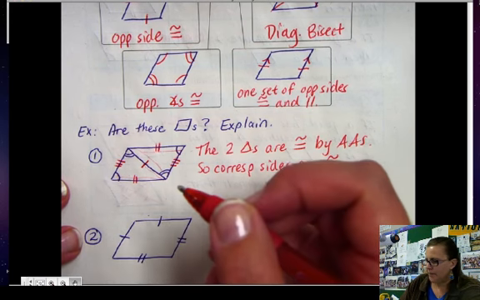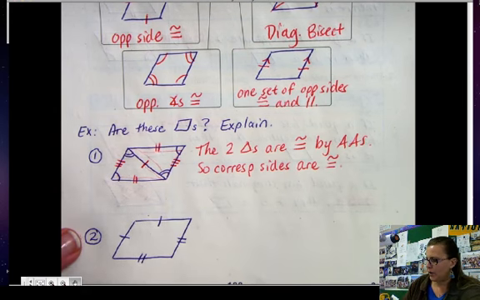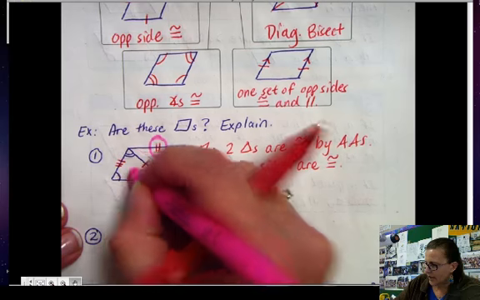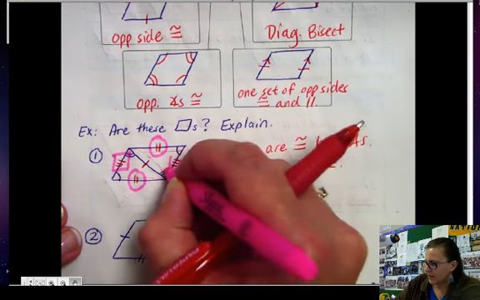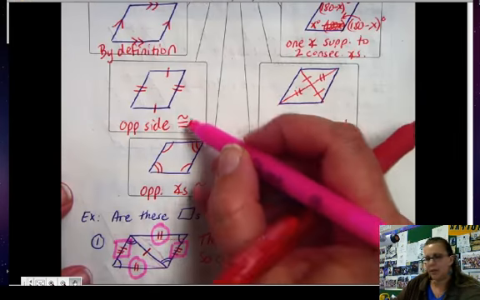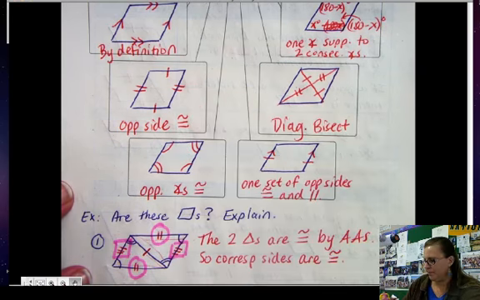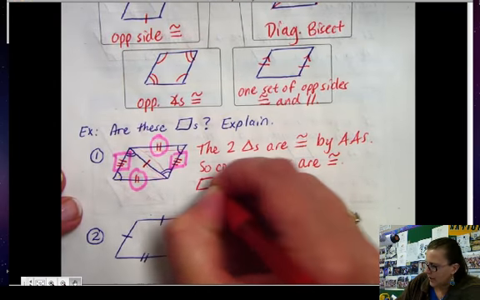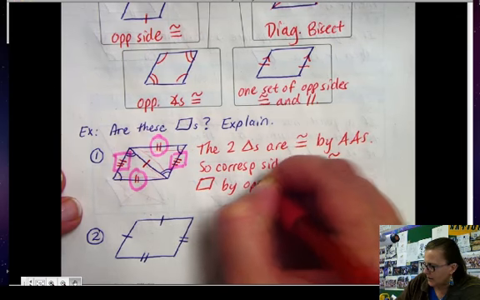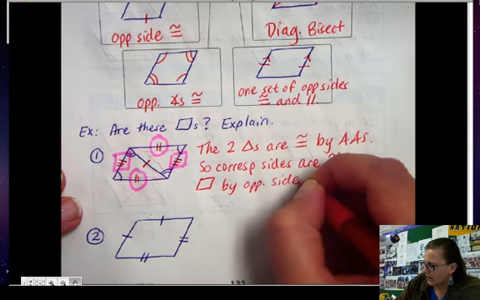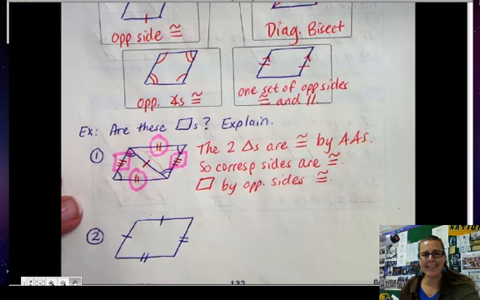So therefore, if you see here, now we have this and this, and this means that opposite sides are congruent, so it's this one right up here. So it is a parallelogram by opposite sides congruent. So it is a parallelogram.